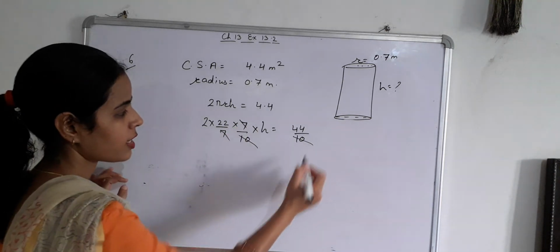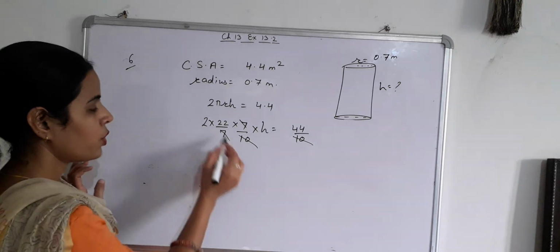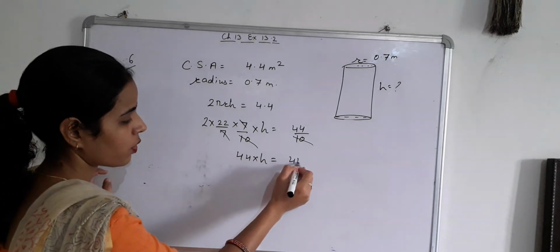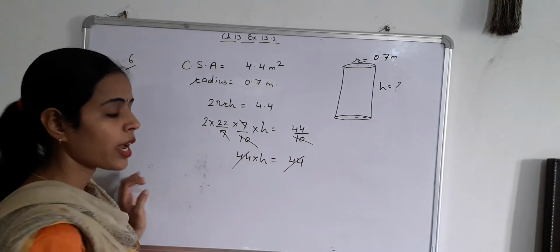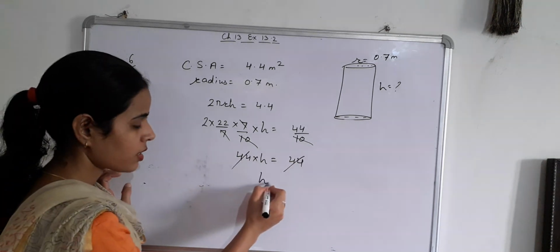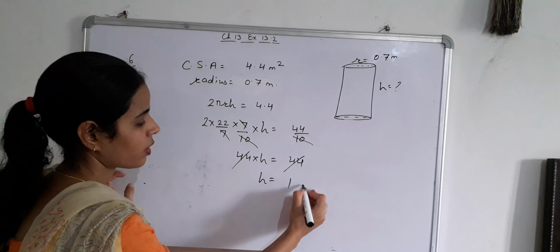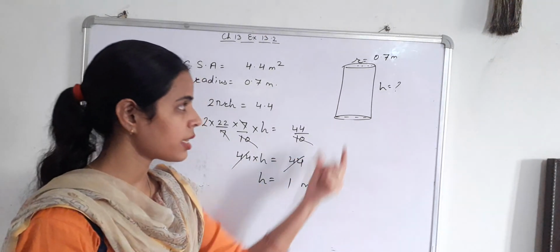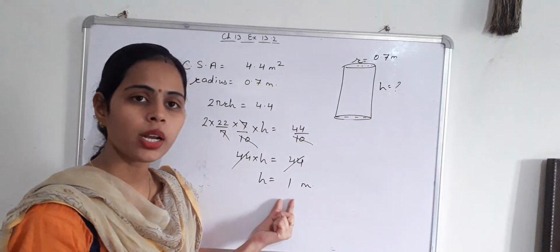This 10 is cancelled by this 10. 2 into 22, 44 into h equals 44. 44 is cancelled by 44. So h equals 1 meter. So the height of this cylindrical part equals 1 meter.